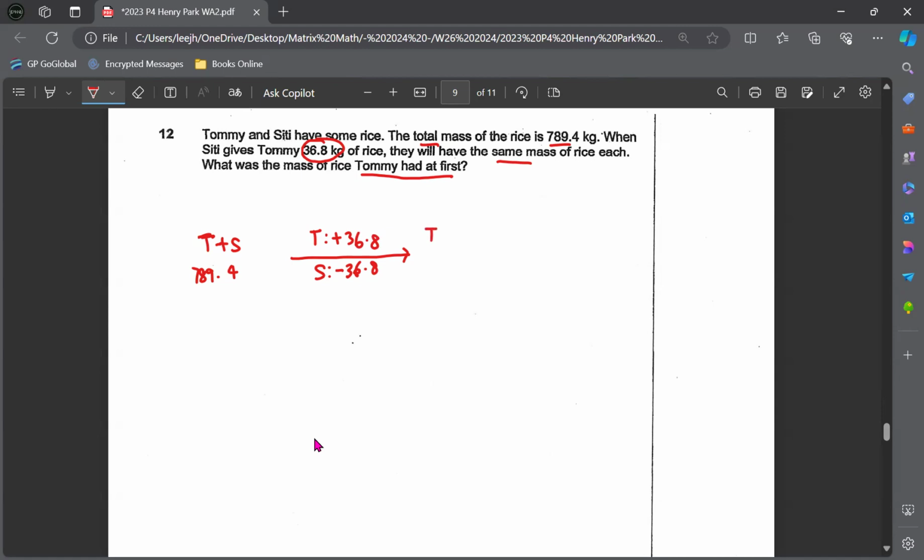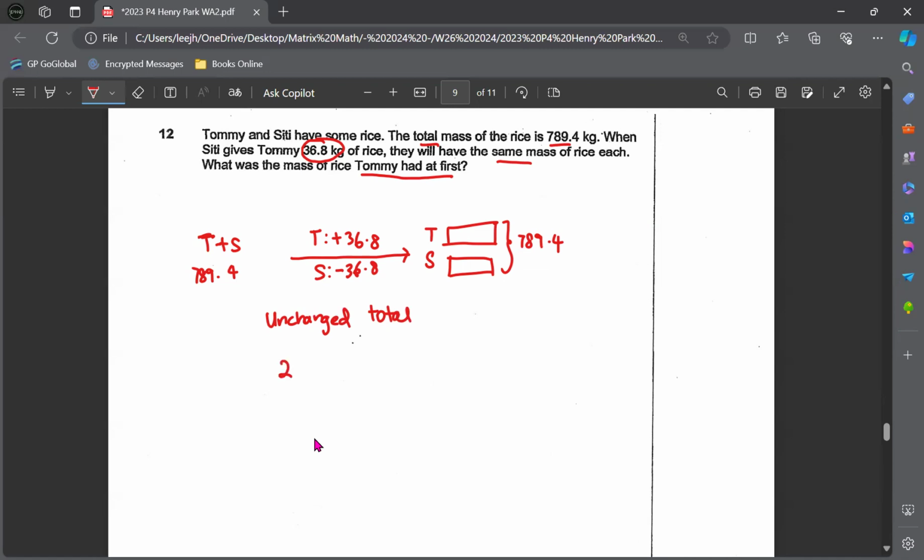And after that, what happens? Tommy and Kitty have the same mass. Same mass means I draw the same model to indicate they have the same value, same quantity. As I said, internal transfer means the total remains unchanged, which means that this is still 789.4. This is unchanged total because there's internal transfer, 1 plus 1 minus.